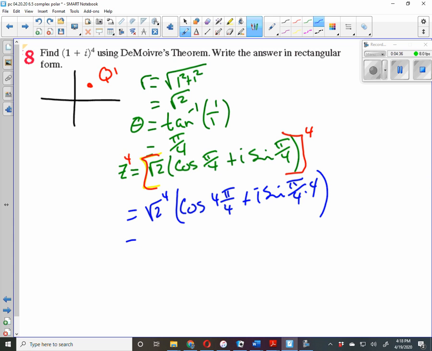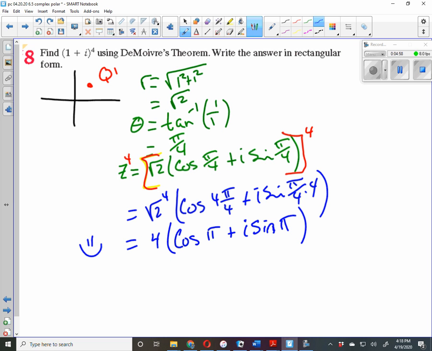Well, that's just going to be 2 to the 4th is 16, square root of 16 is 4, right? Cosine pi plus i sine pi.